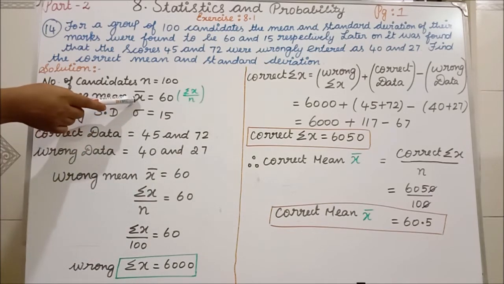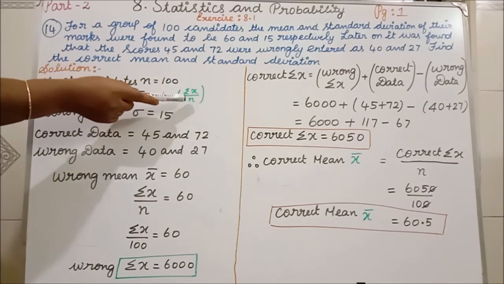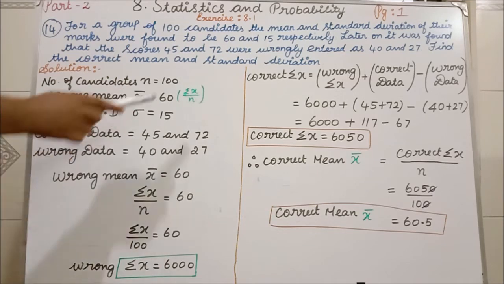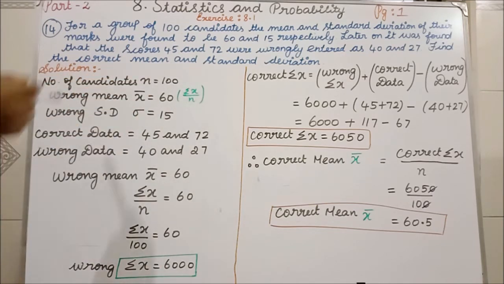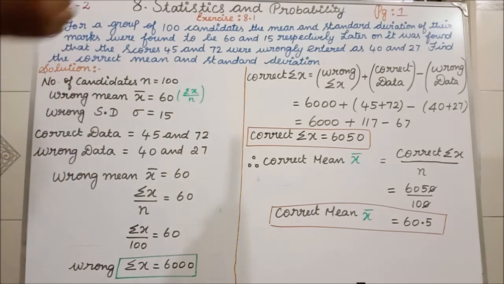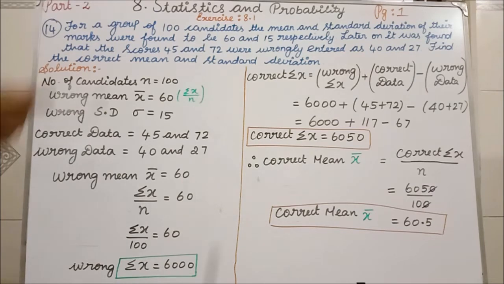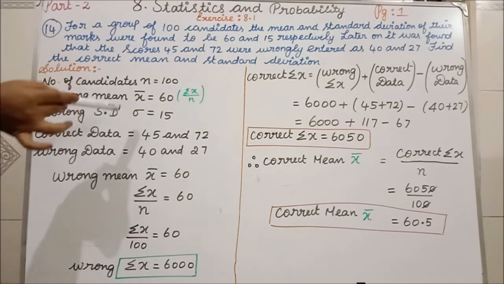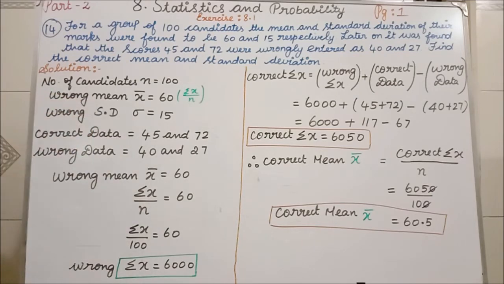Instead of X bar we can also write summation X by N. Write this in pencil at the side. Next, the standard deviation they have given is the wrong standard deviation. Standard deviation we denote by sigma. Sigma is equal to 15. Clear all of you?